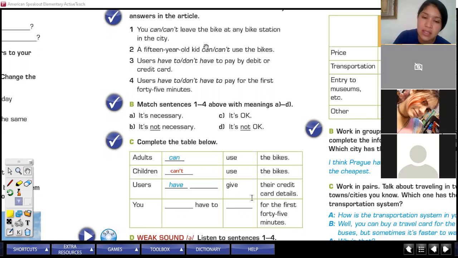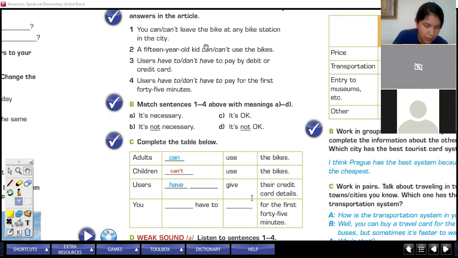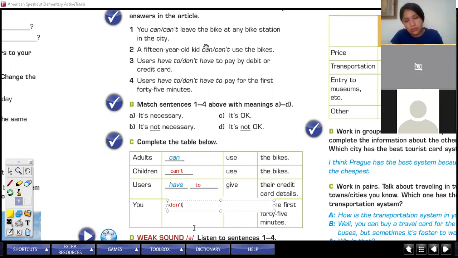Users have their credit card details. Users have to? Have to. It's just completing. They have to share their information. Well, just the needed information, right? And the last one. You don't have to pay. Very good. You don't have to pay for the first 45 minutes.